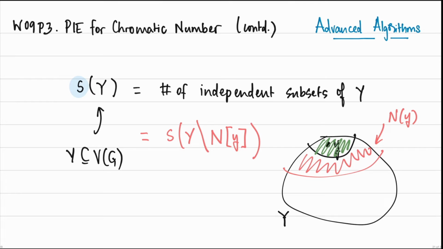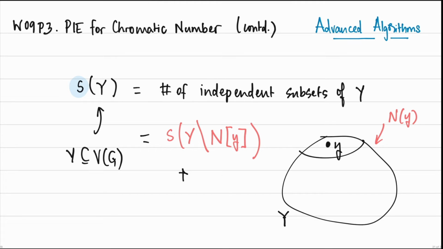So all the vertex subsets of this region here which are independent will count towards all independent subsets of y that contain the vertex small y. Okay, so that's going to be one part of the count.